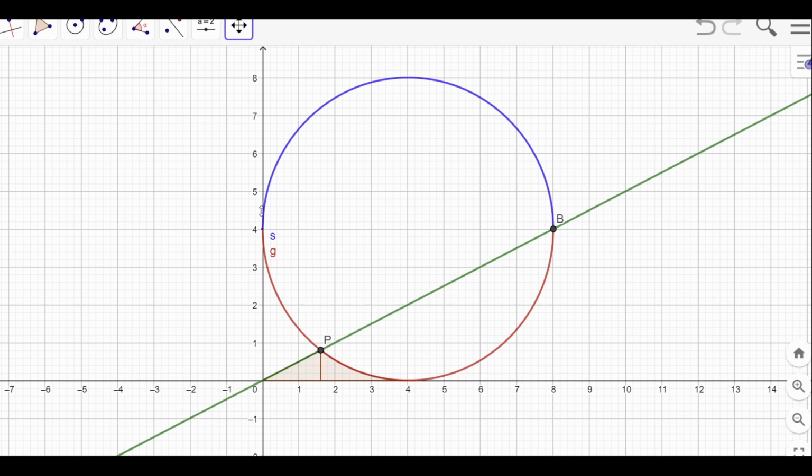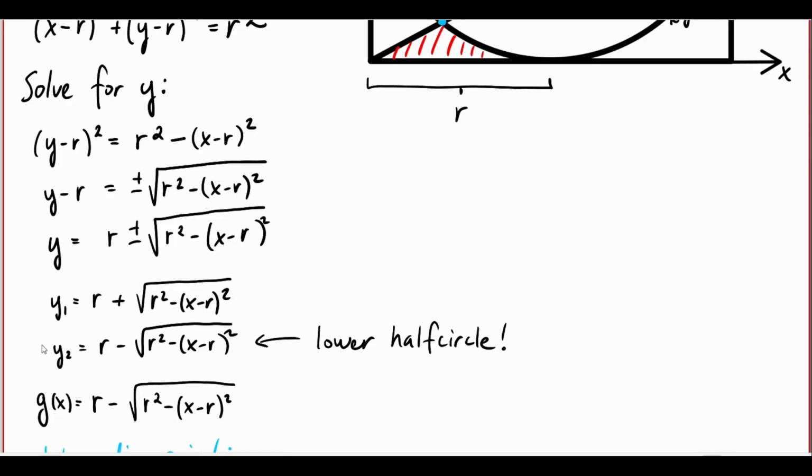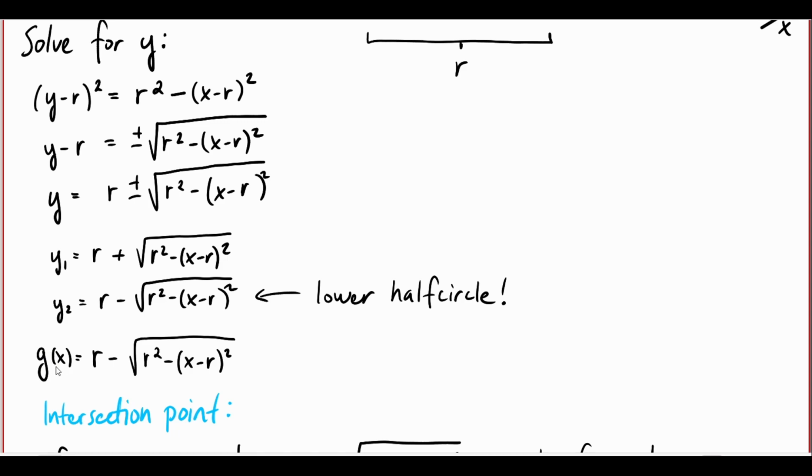The positive root is the blue part of the circle. We're interested in the lower part because we have the intersection point P there. So this is the interesting formula. So we call this g. So g of x equals r minus square root of r squared minus (x minus r) squared.